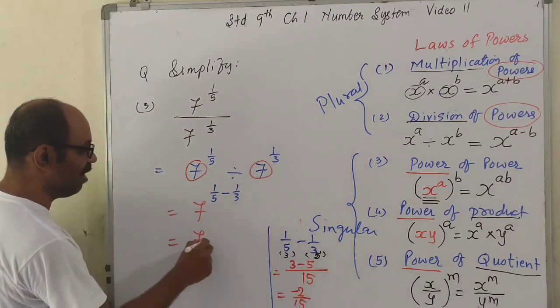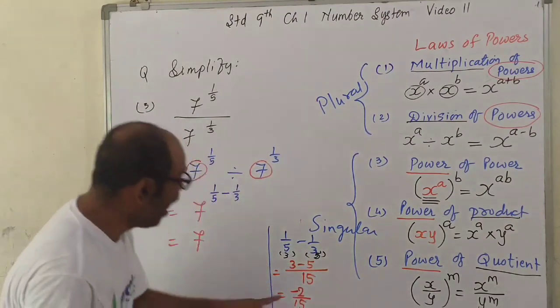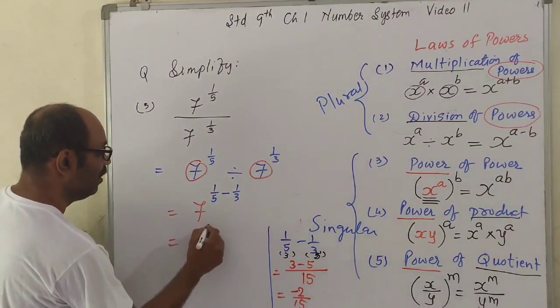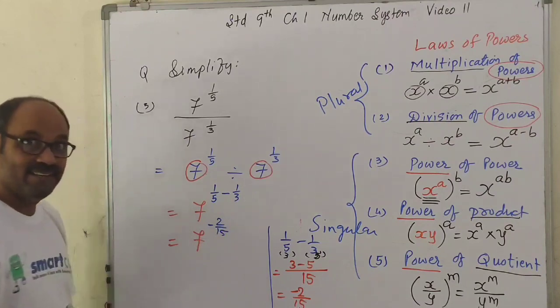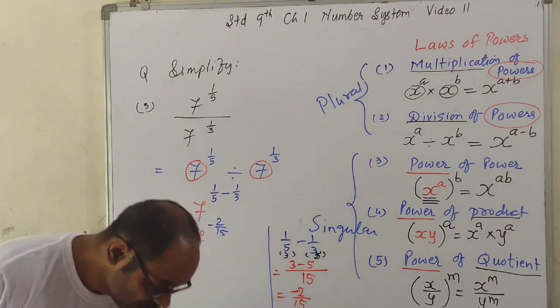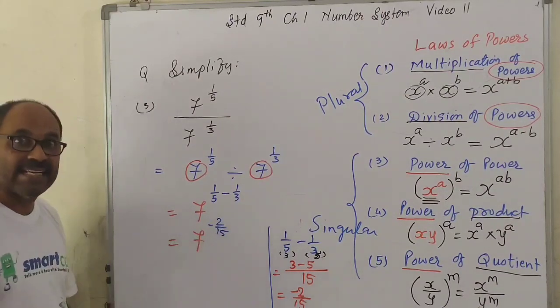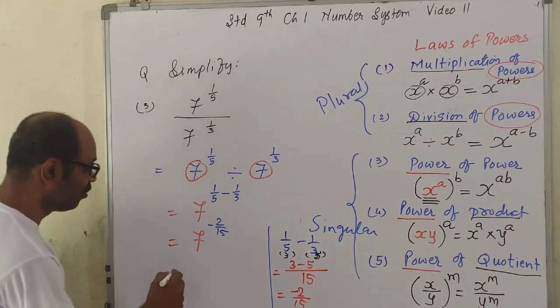So that is equal to 7 is the base. And what is the simplification of this blue part? Minus 2 upon 15. Oh children, here the index is negative. Again there is a rule.